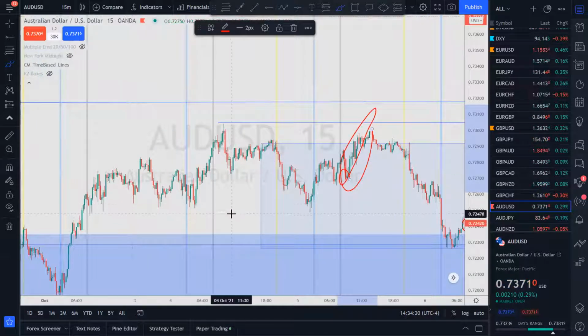Three to five times out of the week, you're going to find that bus. This was just in one pair. Back test this. Don't trust me. Trust the data. Trust back testing.